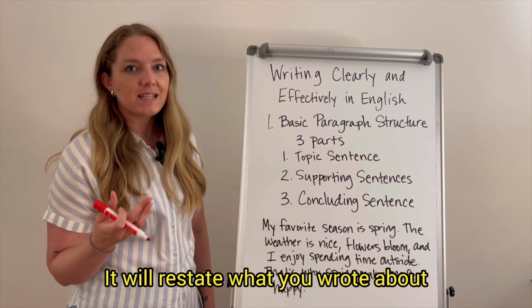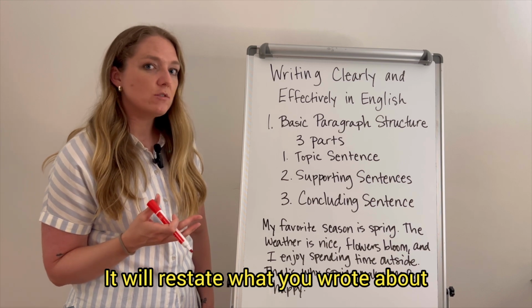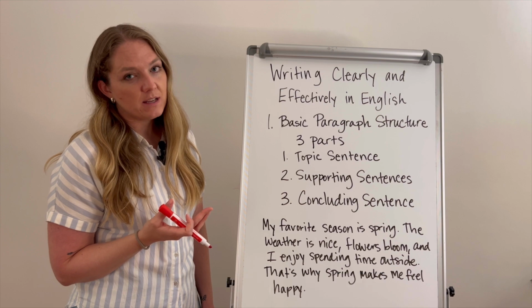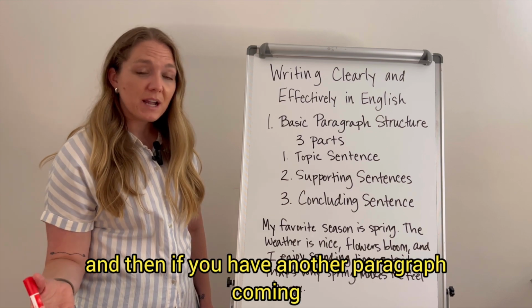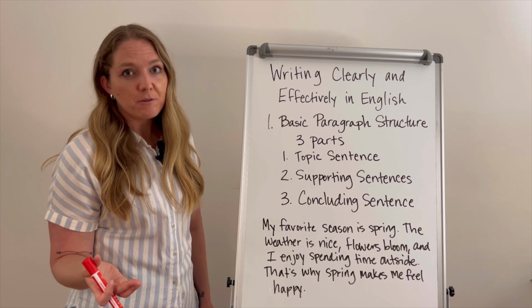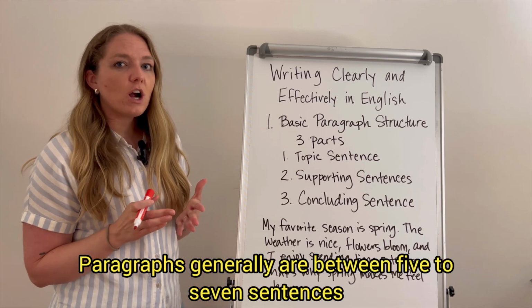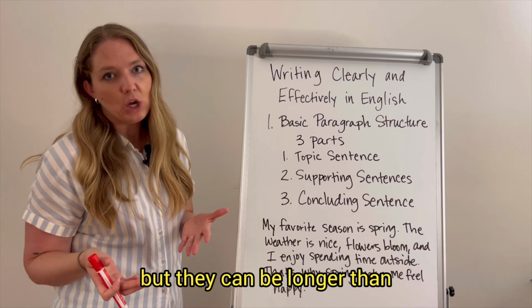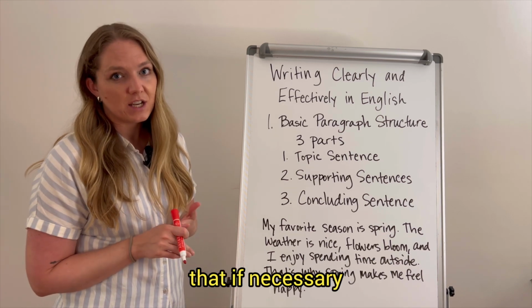It will restate what you wrote about, remind your reader what they just read about, and then if you have another paragraph coming, it could link to the next paragraph. Paragraphs generally are between 5 to 7 sentences, but they can be longer than that if necessary.